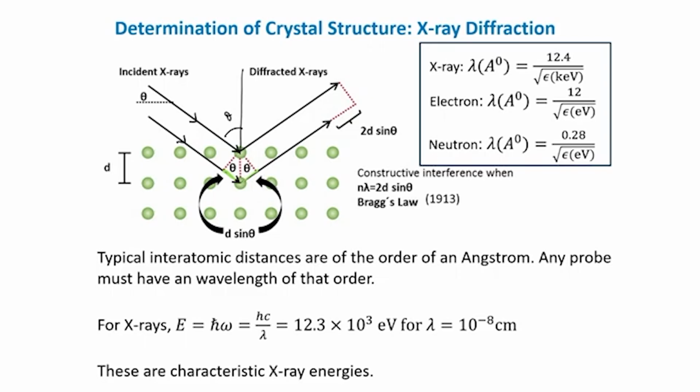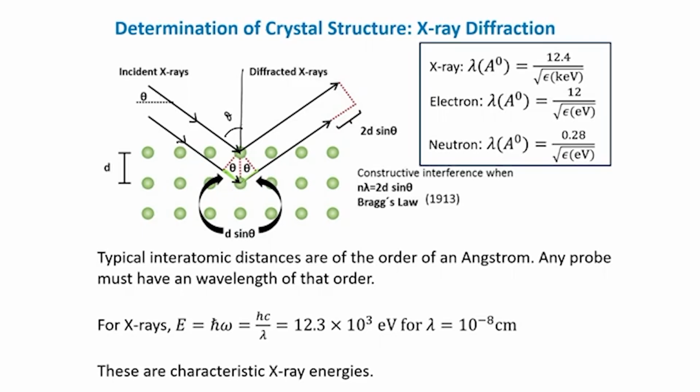So, from the theory of interference, if the path difference 2d sin theta matches an integer times the wavelength of the X-rays, or whatever probe you are using, which in this particular case is X-rays, where lambda is the wavelength of the X-rays, then we get constructive interference.